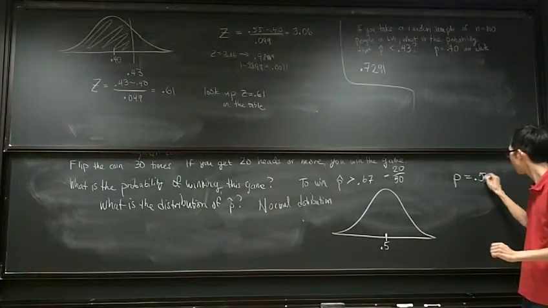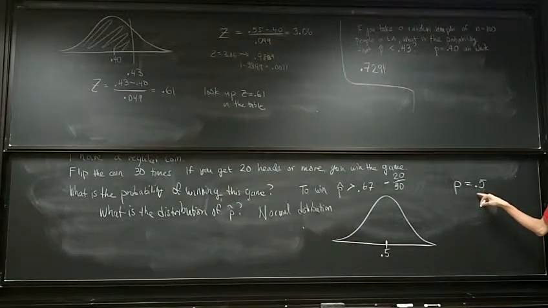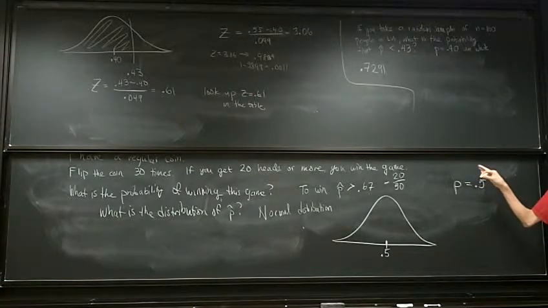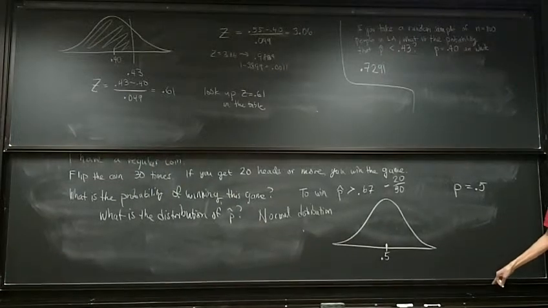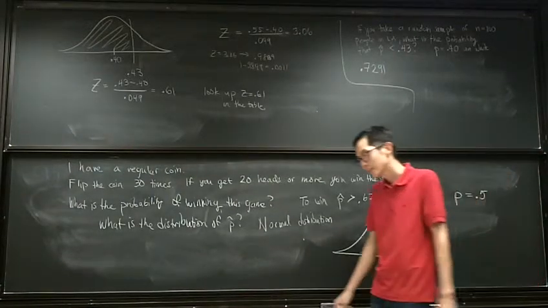Why is that? What does p represent? The probability or the proportion from the population. What's my population? My population is not 0.5. My population is all the possible outcomes of flipping a coin, okay?